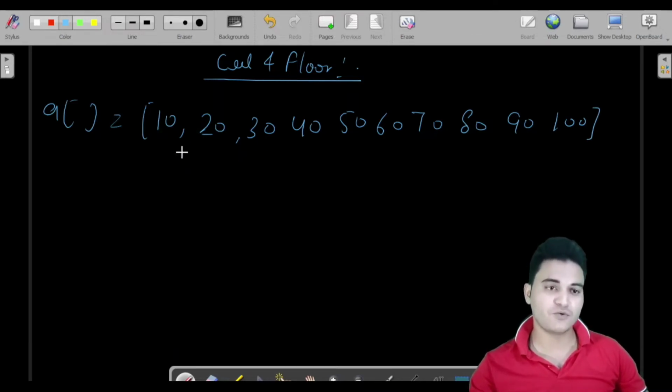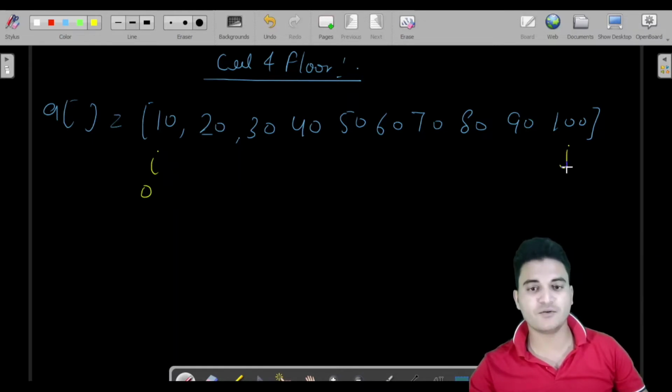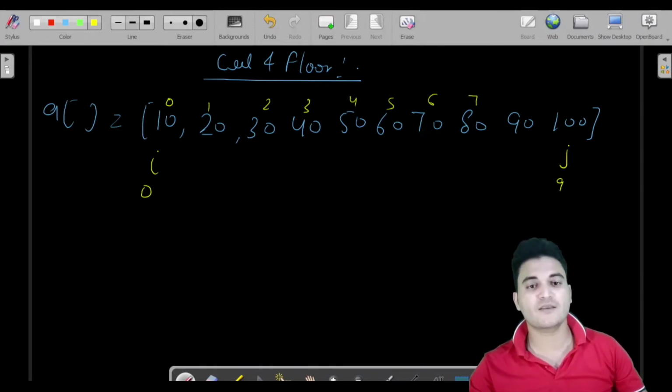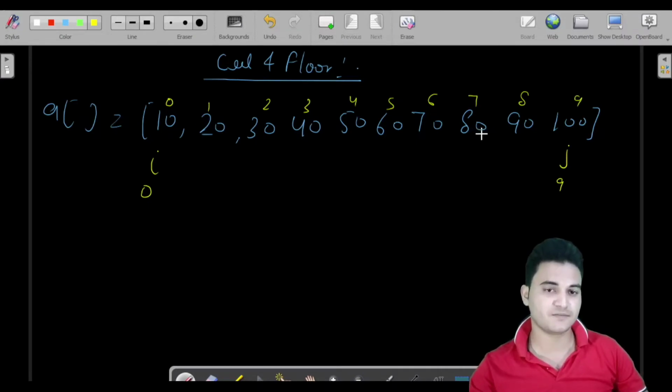In binary search, you initialize your pointers: one pointer, i, is pointing to this position, which is 0, and another pointer, j, is pointing to this position, which is 9. The indexes for this array are 0, 1, 2, 3, 4, 5, 6, 7, 8 and 9.